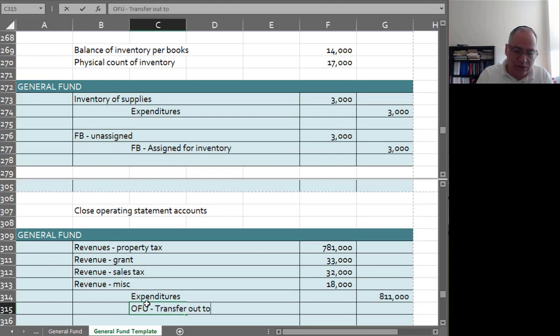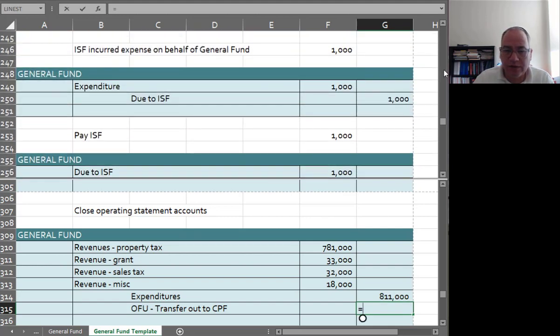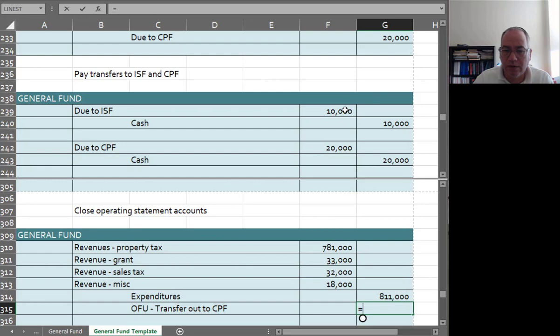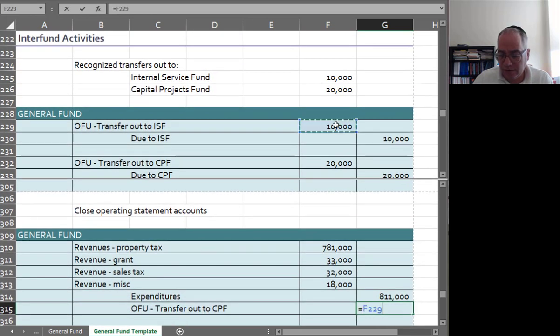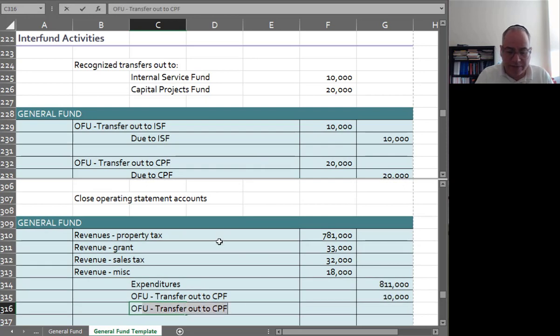Transfer out to CPF. Other financing sources and uses are also going to be reversed. And I've got other financing uses. Transfer out to ISF of 20,000.